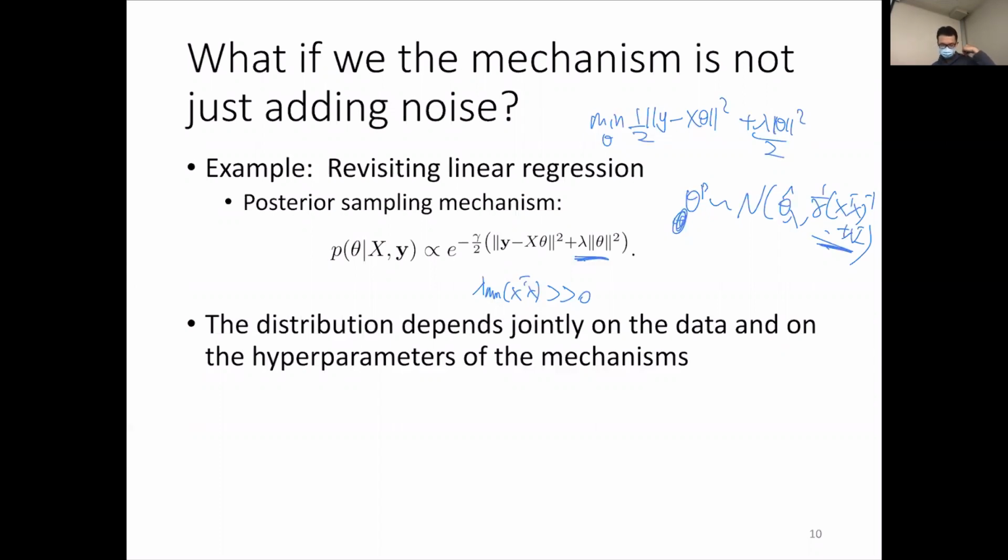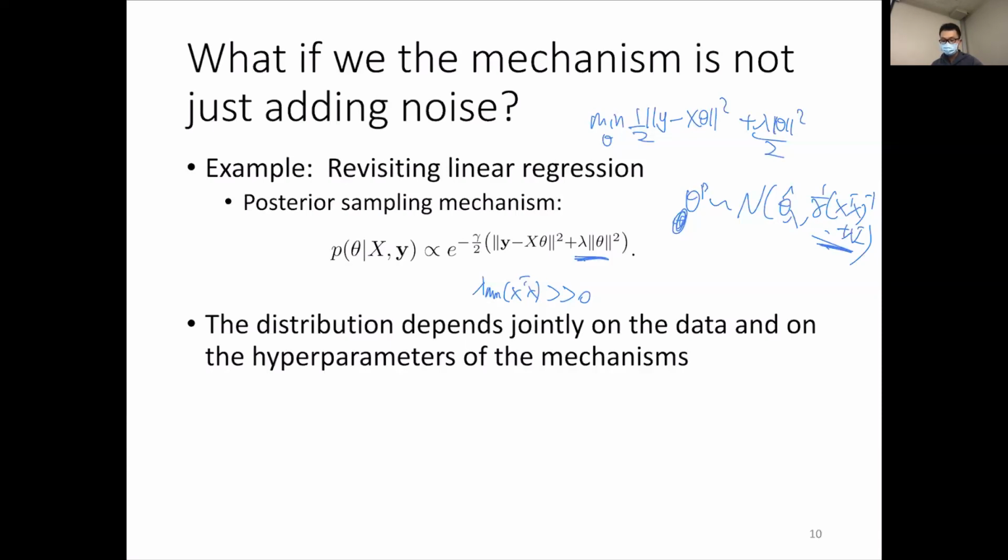So I was explaining the posterior sampling mechanism and how it is not a noise adding mechanism by calibrating a particular noise distribution proportional to the smooth version of local sensitivity or some privately released local sensitivity, but rather something that chooses the noise distribution according to the data itself.